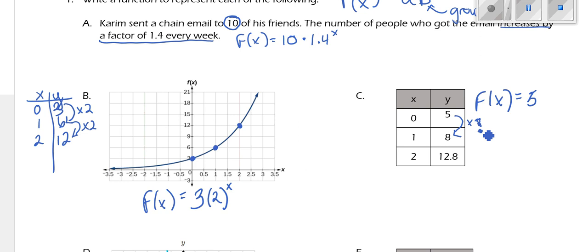So 8 divided by 5 gives me 1.6. And I'll check that value, make sure that 12.8 divided by 8 gives me the same. And it also gives me 1.6. So my growth rate would be 1.6 to the exponent x.